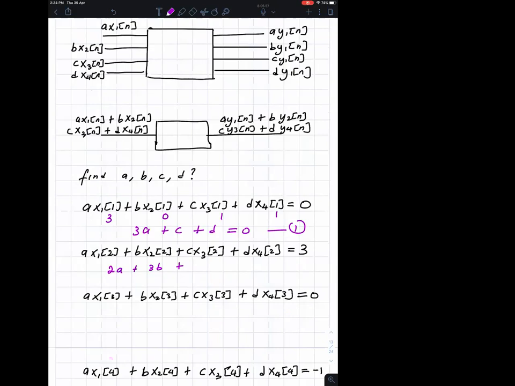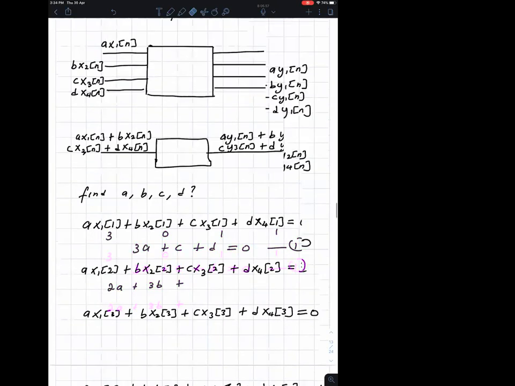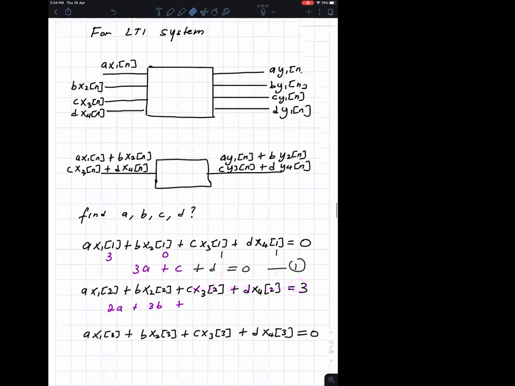Okay, thank you. So the next one, if you guys look again, we are having position 2. Now you just focus on position 2.